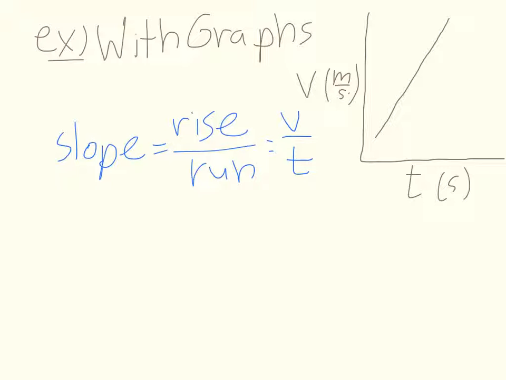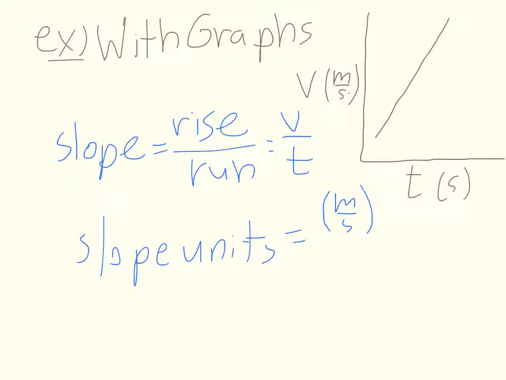So we're saying our slope units will be equal to, okay, well, the units of my rise, units of v, would be meters over seconds divided by the units of my run, which would be time, seconds.